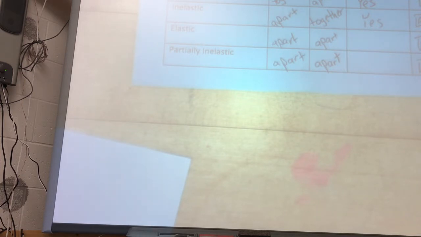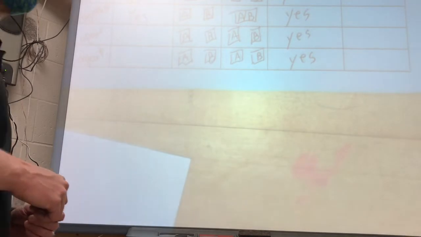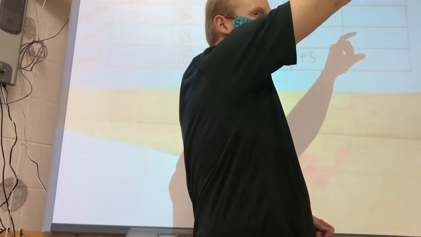How we determine which one it is really comes down to that kinetic energy piece. And we'll get to that, but we aren't going to get to that for a couple of days, okay? So that's to come. From a conservation of momentum problem standpoint, you treat elastic the exact same as you treat a partially inelastic.